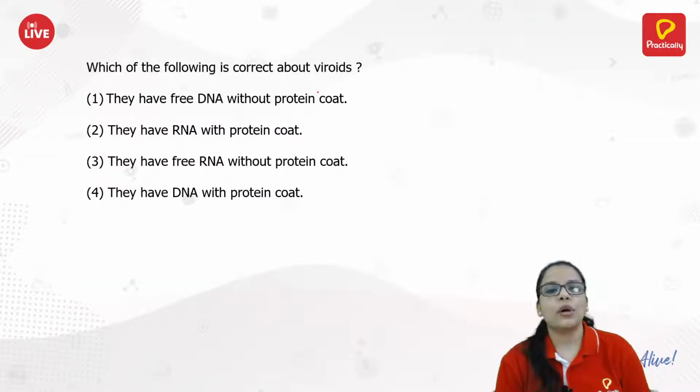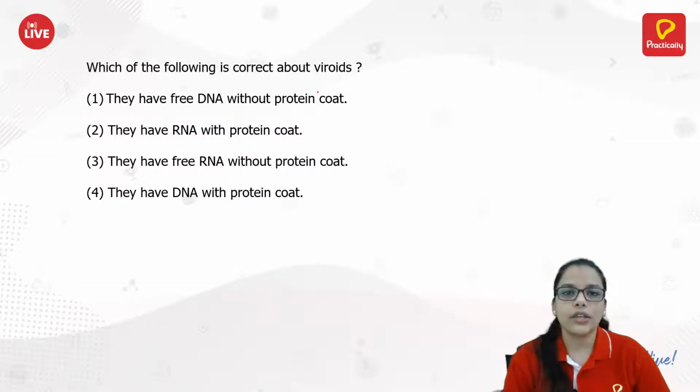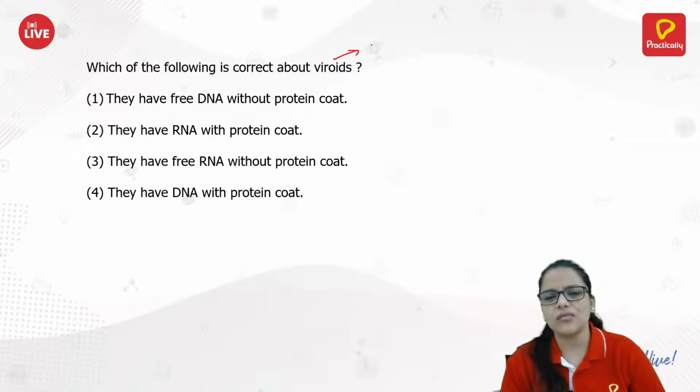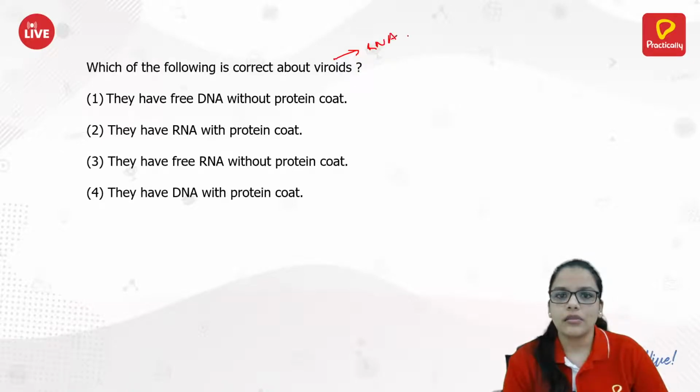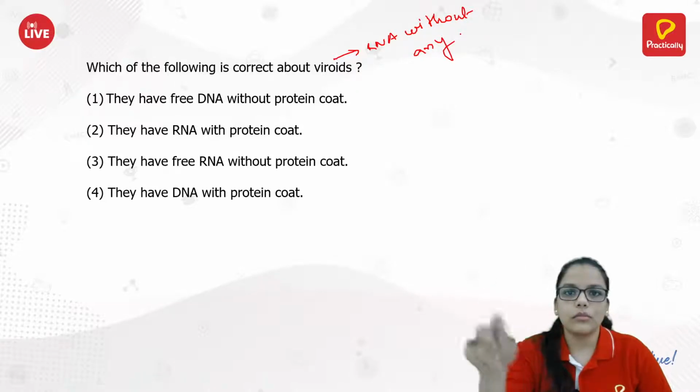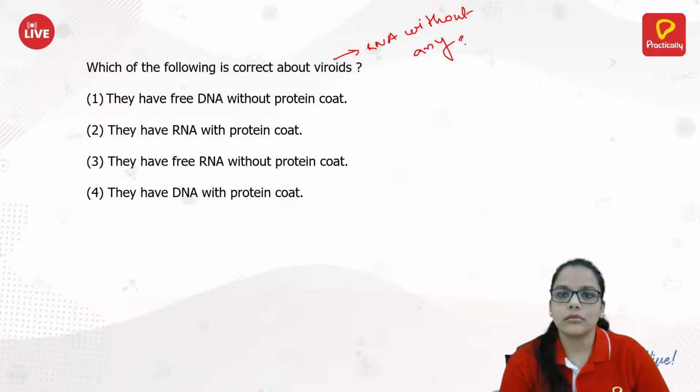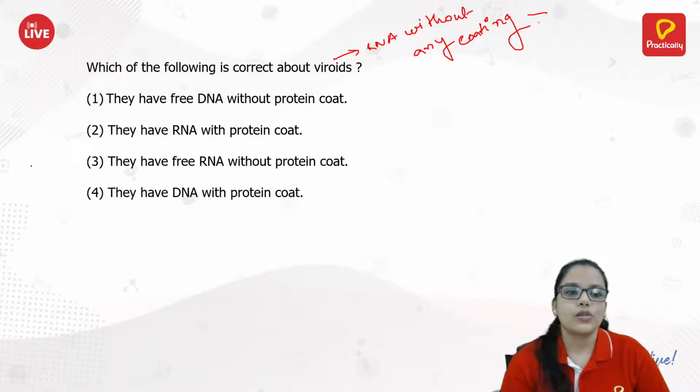Next, which of the following is correct about viroids? Viroids are genetic material, mostly RNA, without any capsid or coating.